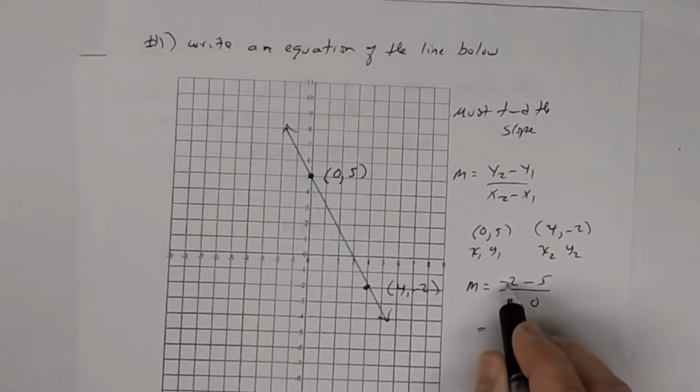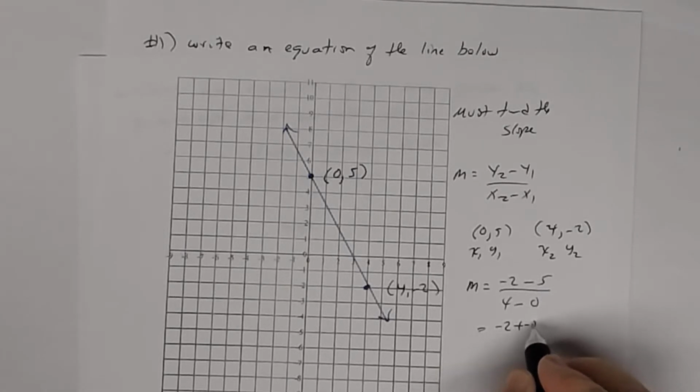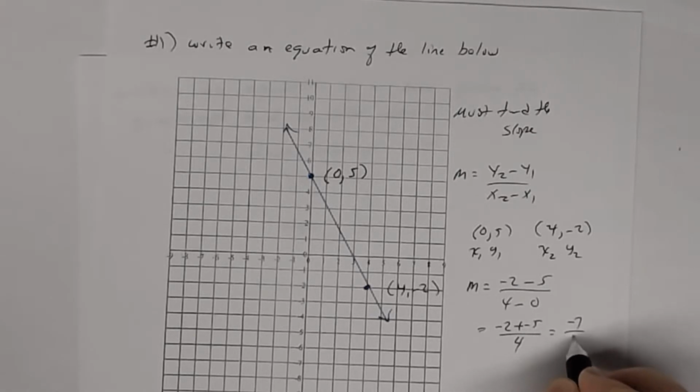Negative 2 subtract 5 means negative 2 plus negative 5, and 4 subtract 0 is just 4. In the numerator, negative 2 and negative 5 is negative 7, so you get negative 7/4. So that is your slope.